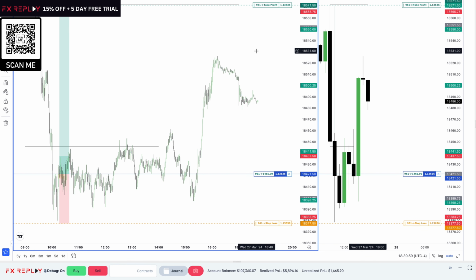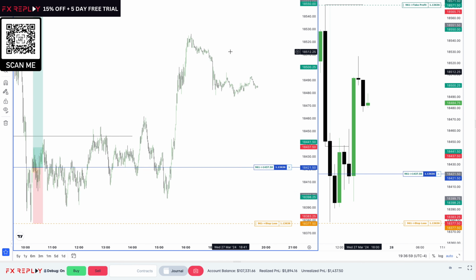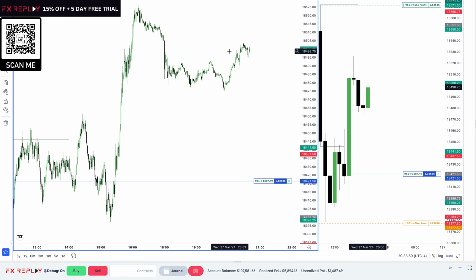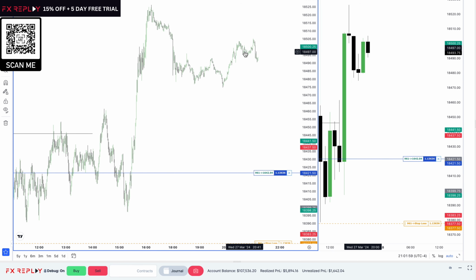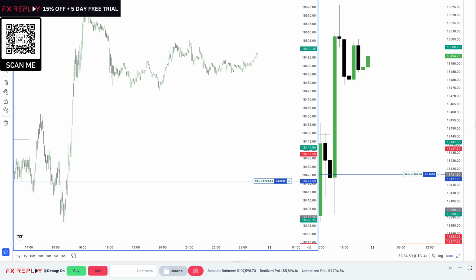It's a very long trade. Speed this up a little bit.